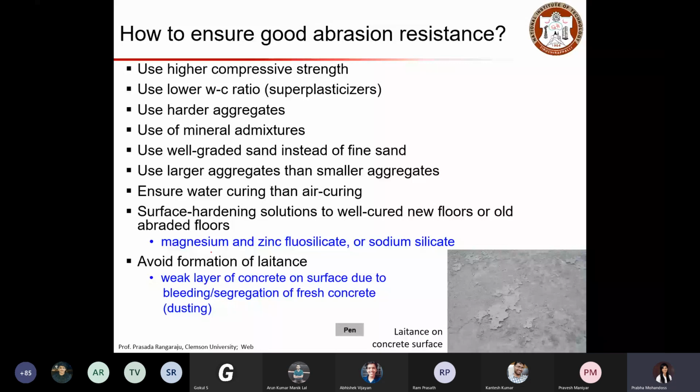And then you can avoid formation of laitance. That is a weak layer of concrete forming on the surface due to bleeding and segregation of fresh aggregate. This becomes too weak when it is subjected to abrasion, and that will lead to further deformation. So avoiding such things will help you to achieve a better, denser surface.